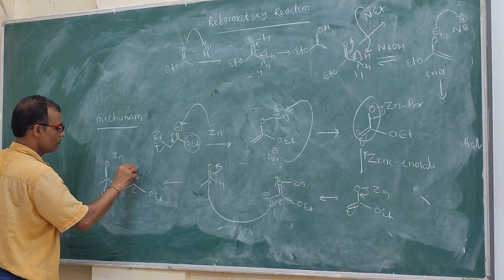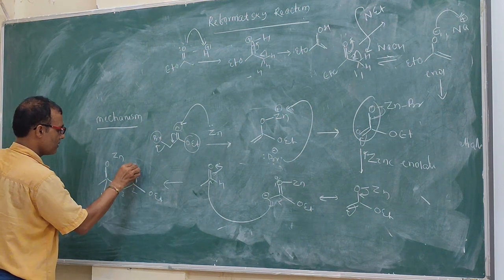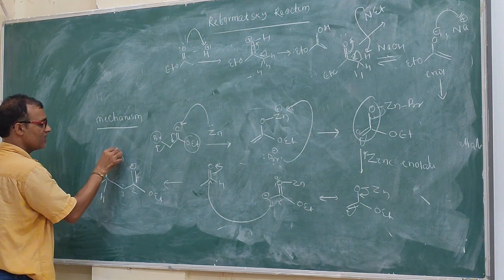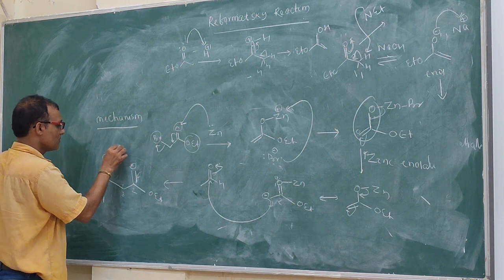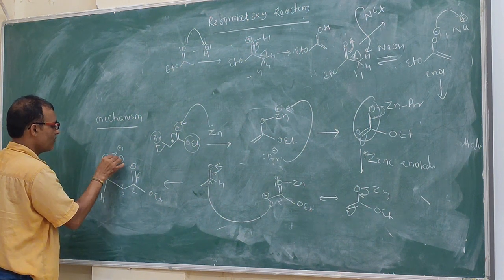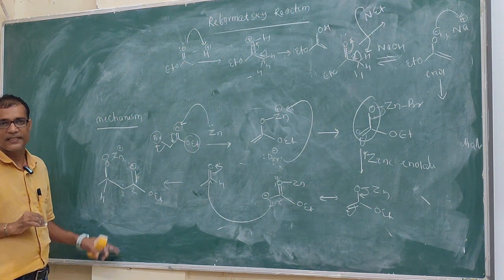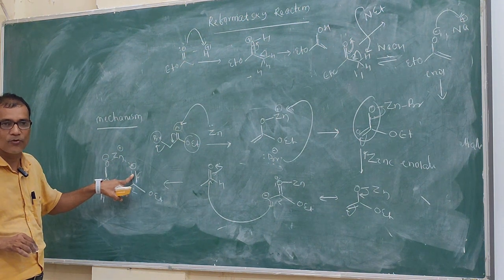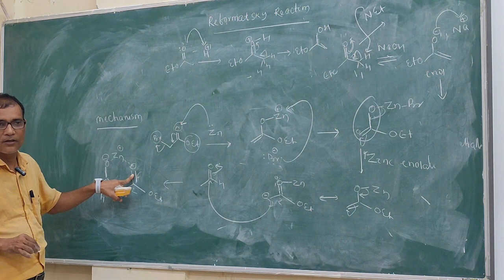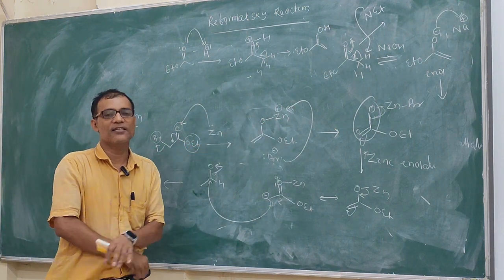So what will Zn do? So O minus, Zn was here plus. So this will form this, and the zinc will be stabilized by two oxygen atoms, OZn. So what is the function of zinc here?